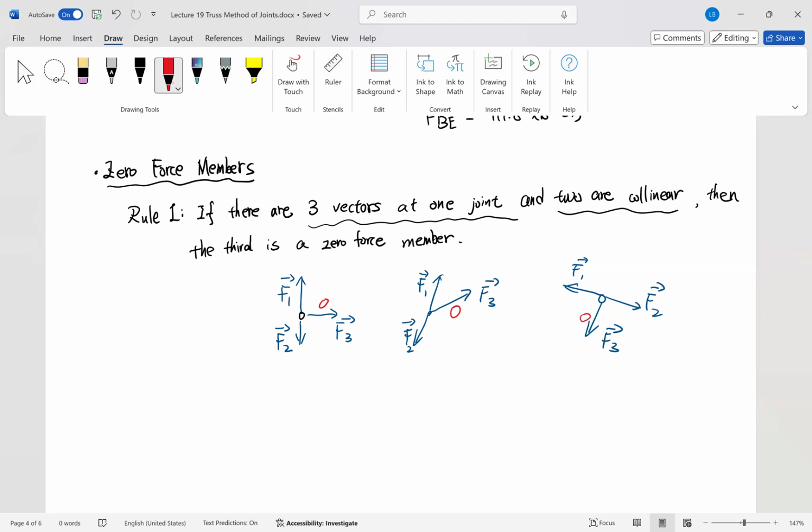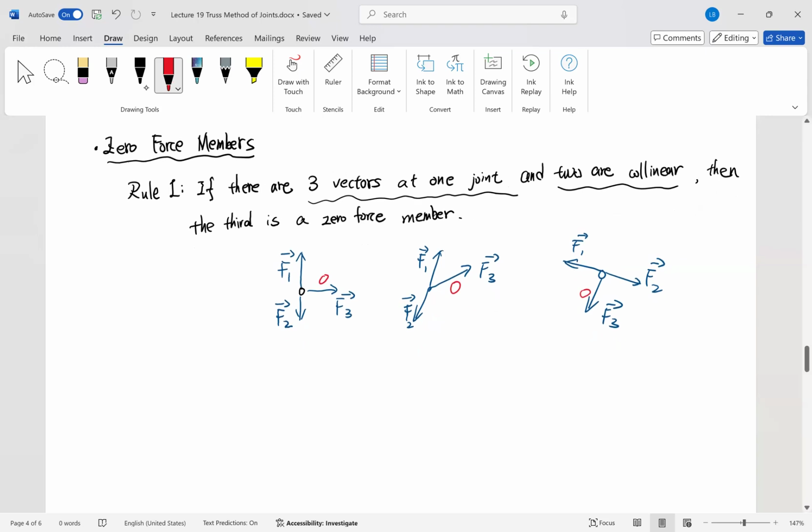When you see a T pattern, the member in addition to the other two collinear members has to equal zero here. Okay, so this is our first rule here.